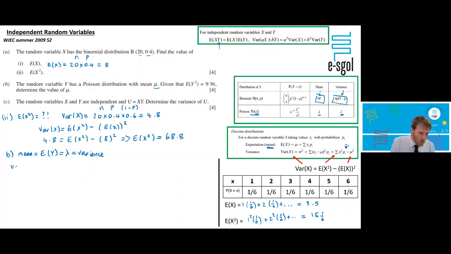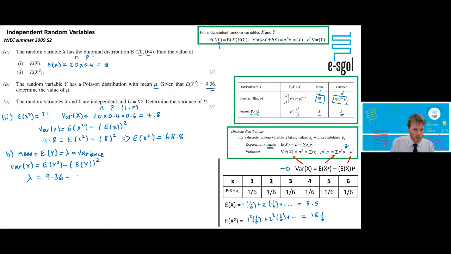So my variance of y equals E of y squared minus E of y all squared. I'm just using the formula down here. Let's put the numbers in that I've got. Oh, hang on, I haven't got the variance, but I do know that the variance is lambda. And that equals E of y squared, which they give me in the question, 9.36, minus E of y squared.